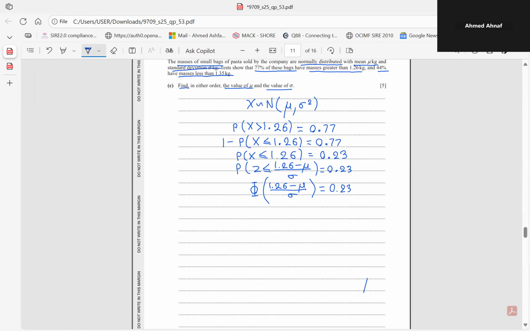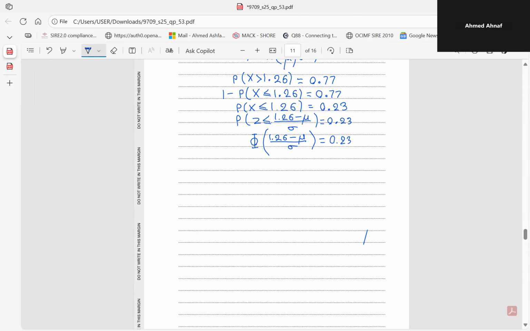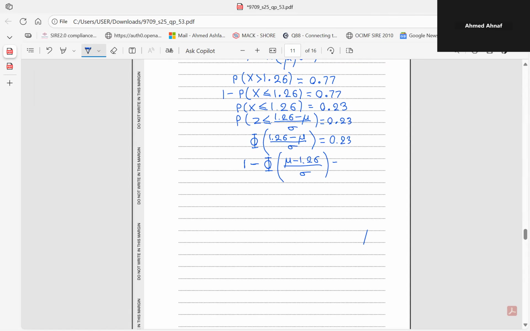As I was saying, the probability in here is actually less than 0.5, so this area is to the left of the mean. So this means that our phi value is actually negative. So we can rewrite this as 1 minus phi((mu minus 1.26) over sigma) equals 0.23.